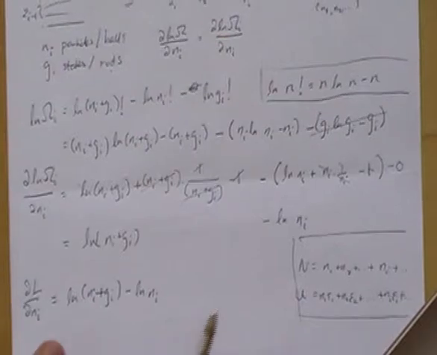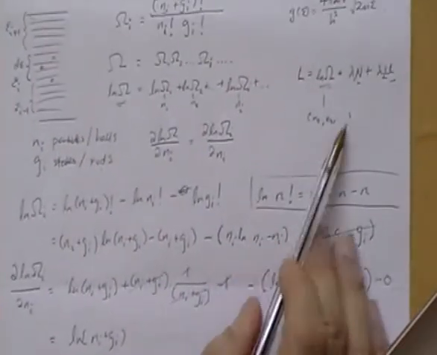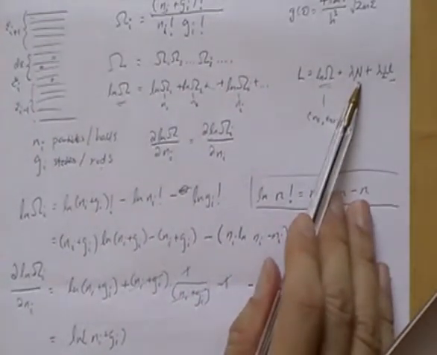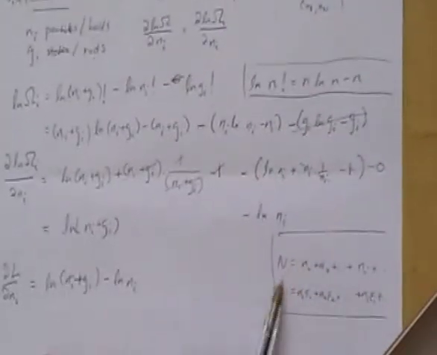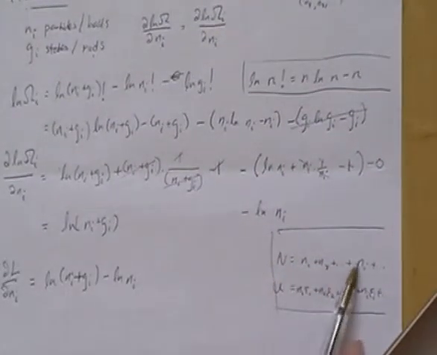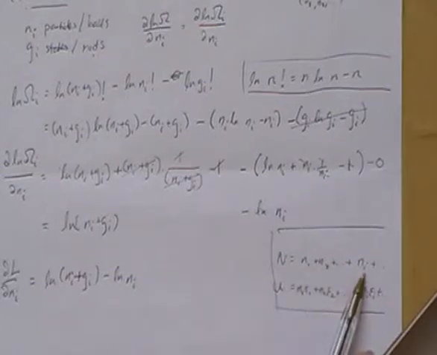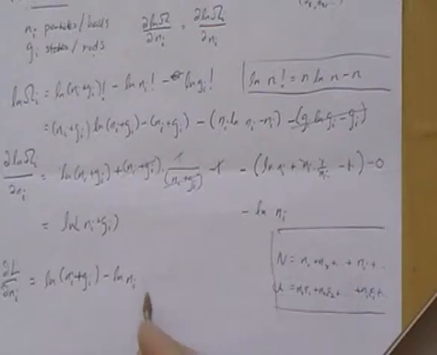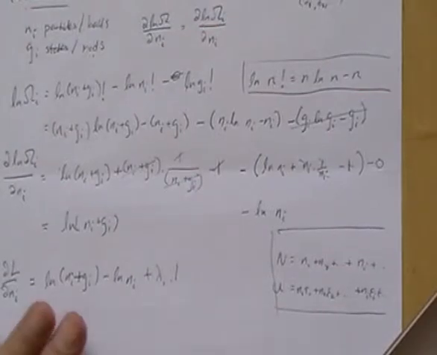Okay. Now then when I differentiate n, now this is n here. If I differentiate by ni, all these will be 0 except that one which will differentiate to 1. So I have plus 1 times the Lagrange multiplier.